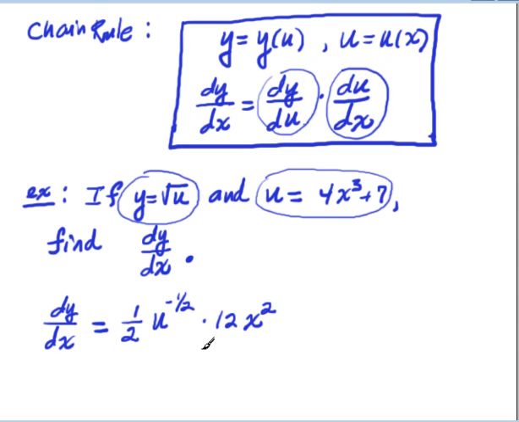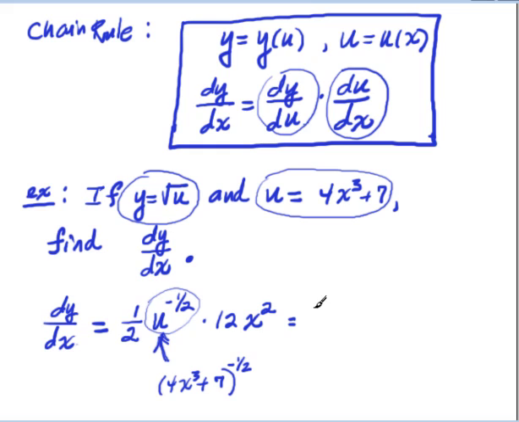All right, so that's dy/dx, and I'd like it written in terms of x. That's the variable that we want. So let's just do that. We know that u is equal to 4x cubed plus 7, so we're just going to put that right here. Instead of writing u to the minus 1/2, we're going to write 4x cubed plus 7 to the minus 1/2.